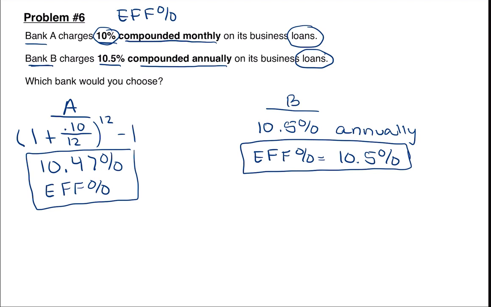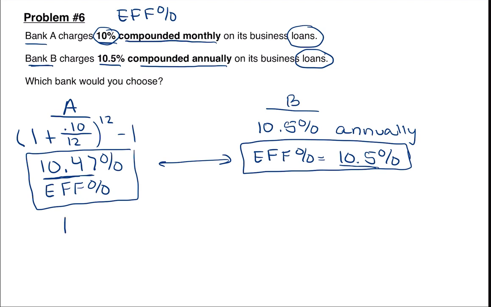Okay, so if we compare, Bank A has an effective rate of 10.47%, and Bank B is 10.5%. This is what we would be paying in interest on our loan. Since it's a loan and it's money that we're paying out, we want to pick the bank that has the least expensive rate or the lower rate.